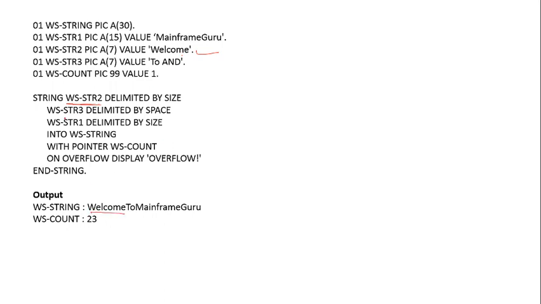Okay, and ws string 3 by space, ws string 3 is 2 end, so delimited by space there will come 2. Okay, 2 only. And next is string 1 delimited by size, then there will come mainframe with pointer ws count, so ws count is 1, so initially there will come space whenever this kind of thing is given.